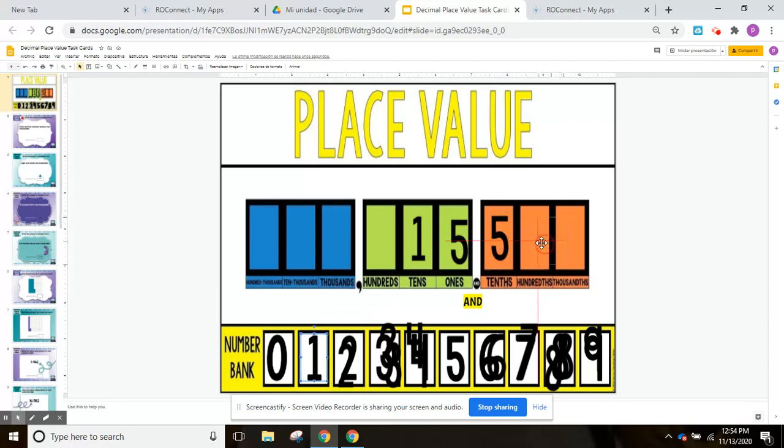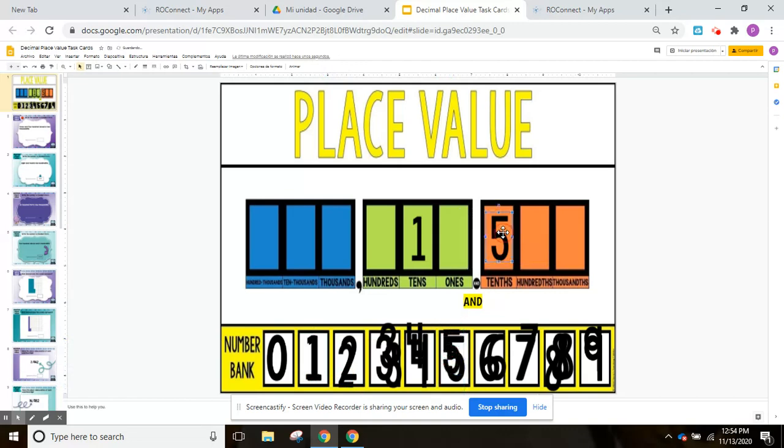Now we're going to add a 1. And if I'm reading this one, it's still 15 and 51 hundredths. Hundredths, because my 1 is my last digit, and my 1 happens to fall in my hundredths place.